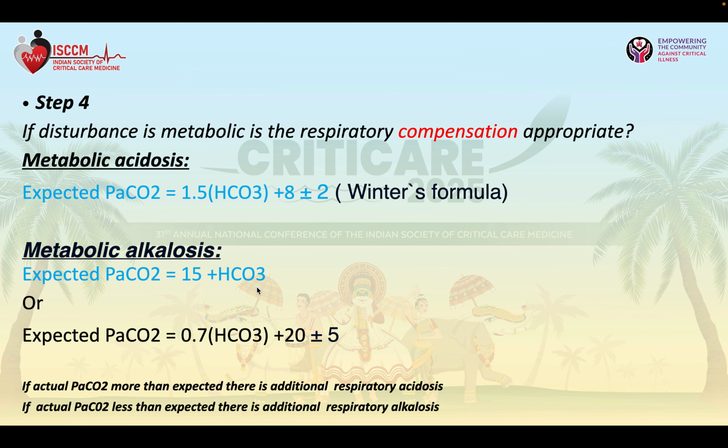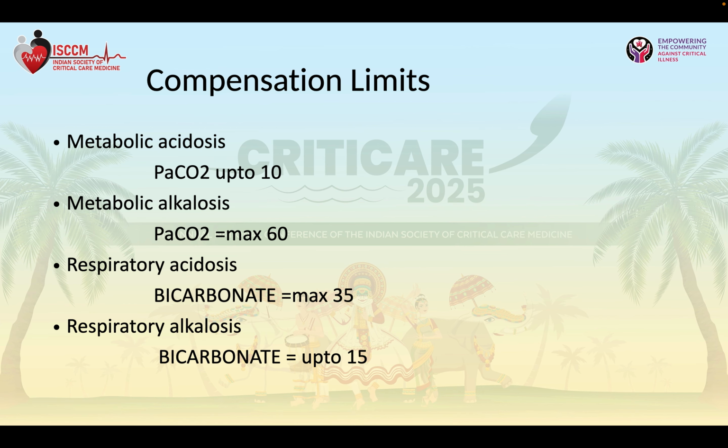So for metabolic acidosis, it will be the predicted PCO2 given by Winter's formula, that is 1.5 times bicarbs plus 8, plus or minus 2. And for metabolic alkalosis, the expected PCO2 will be 15 plus bicarbs. That's it. And we have already discussed that there cannot be overcompensation, as given by these two statements.